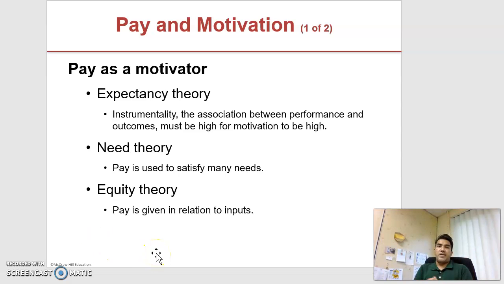And then the bottom line is sometimes we talk about how pay and motivation are always interrelated. Sometimes, yes, we can always use money as a motivator.